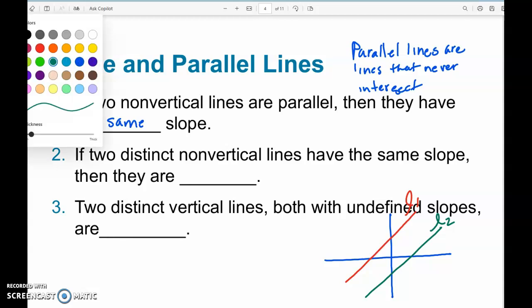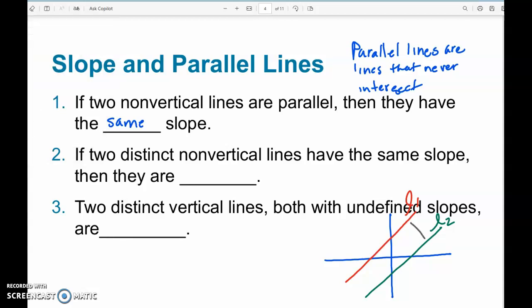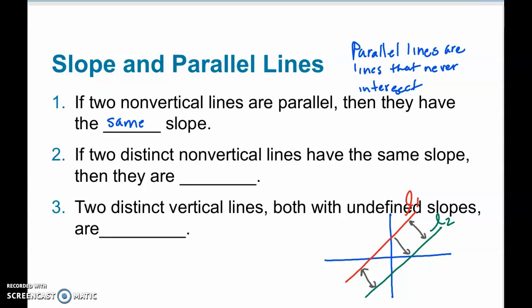The two lines are the same distance apart here and here. No matter how far you extend the lines in either direction, they would be the same distance apart. So then you could say that line 1 is parallel to line 2. This notation here is the shorthand to state parallel lines.